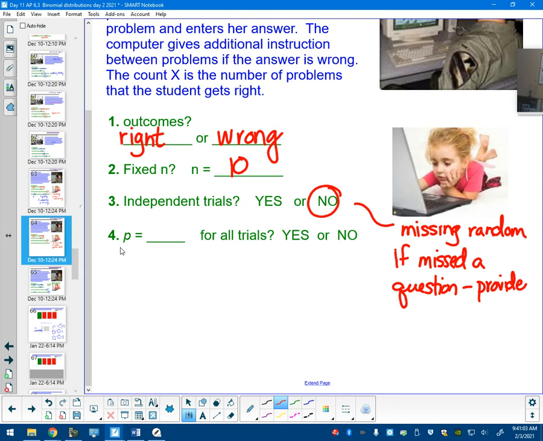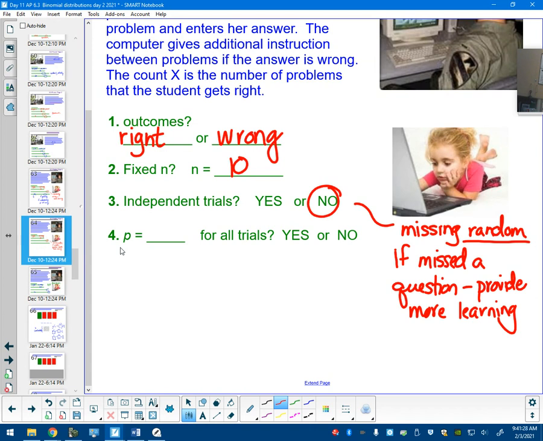What do they say they do? Yeah, so they provide you with more education if you miss a problem. So they're missing the word random, and if you missed a question, they provide more learning, more instruction. So this is not independent trial, so you could stop right now and say, nope.